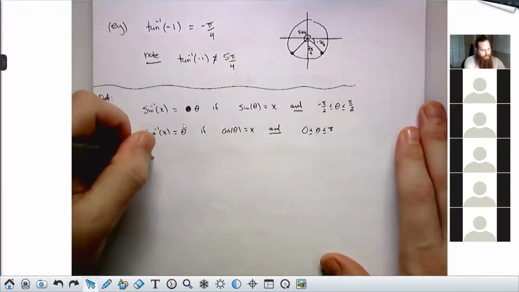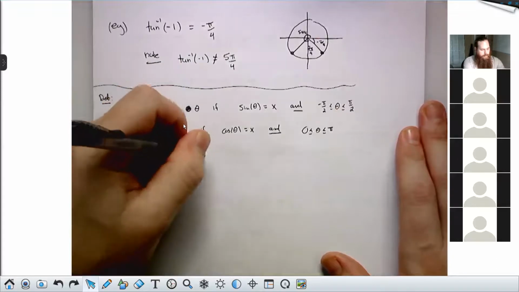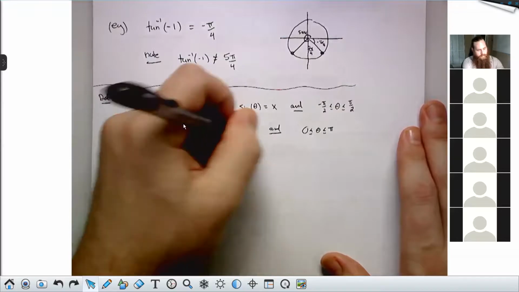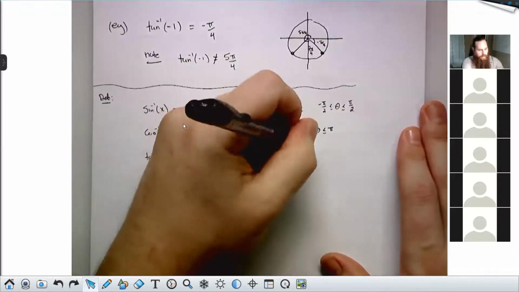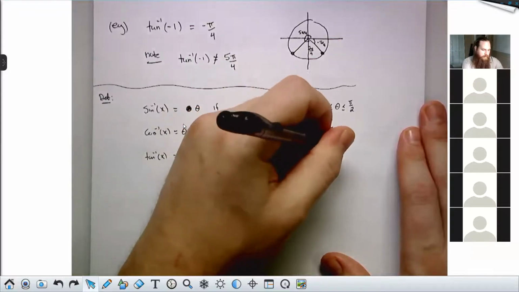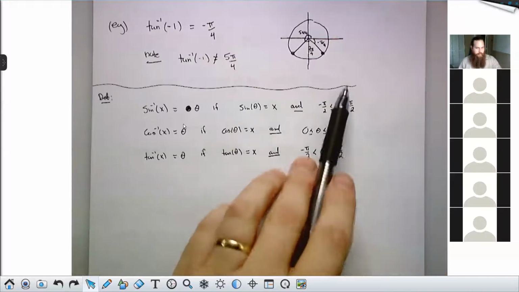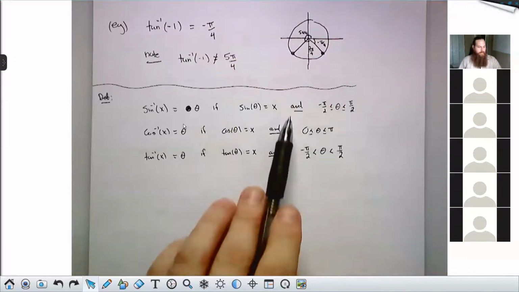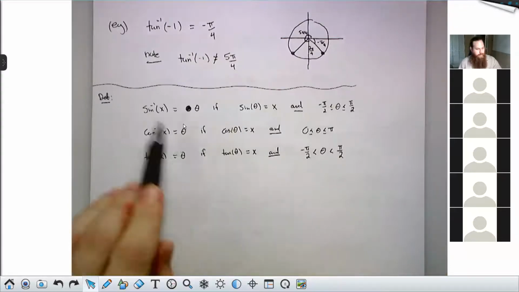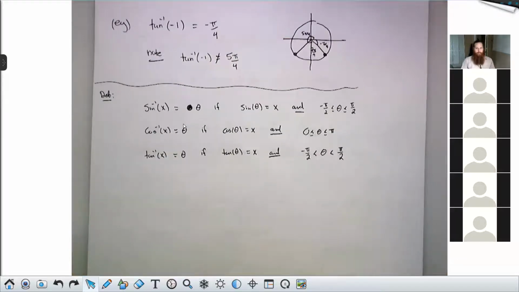We say the inverse tangent of x is equal to theta if the tangent of theta is equal to x and negative pi over 2 is strictly less than theta is strictly less than pi over 2. And all of the domain restriction stuff is this stuff. Since these are joined together with the word and, it's crucial if you want to get these questions right that you remember these facts.